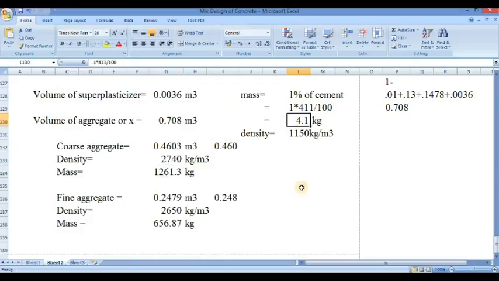And the admixture is 4.1 kg. So by this weigh batching method, in the videos on batching I have described what weigh batching and volume batching are, this falls under weigh batching. By this method you can start the trial mix, and after the trial mix gives you the desired strength after 28 days, you can use this composition in your actual casting.